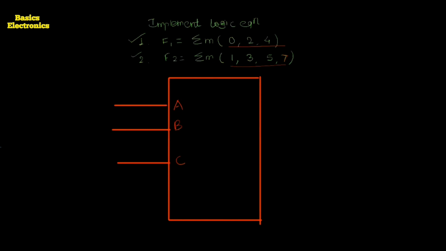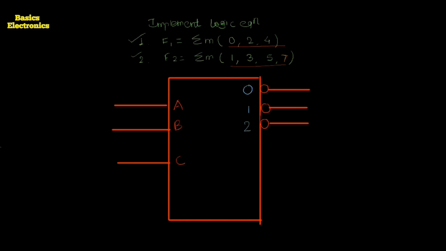Then at this side we draw the output lines. Now we have to decide what type of gate we are using. If we are using the NAND gate, then here we require to apply the bubble, that is, the inverter. We do not show the inverter; we just draw the bubble if we are implementing by using the NAND gate. Okay, so here this is line 0, then 1, then 2.